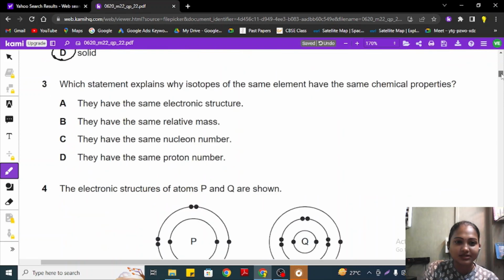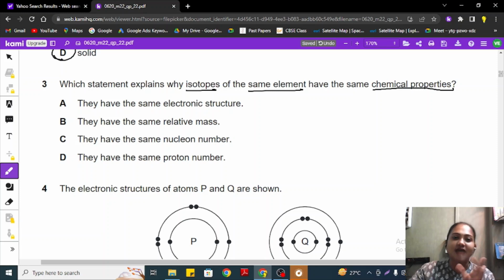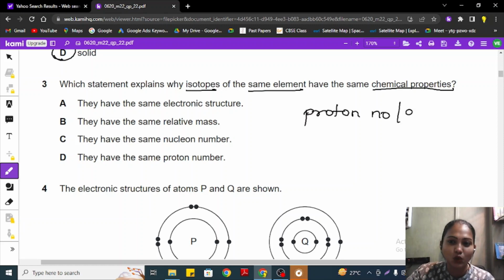The third question states, which statement explains why isotopes of the same element have the same chemical property? Now, if you don't know what isotopes are, isotopes are atoms of the same element that have the same proton number, or atomic number, and different atomic mass.